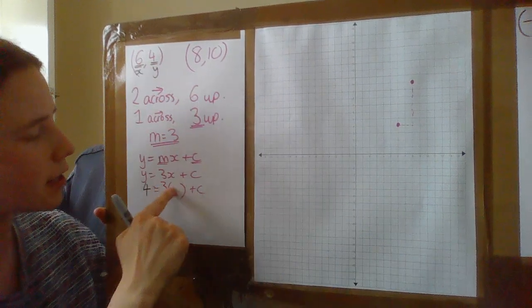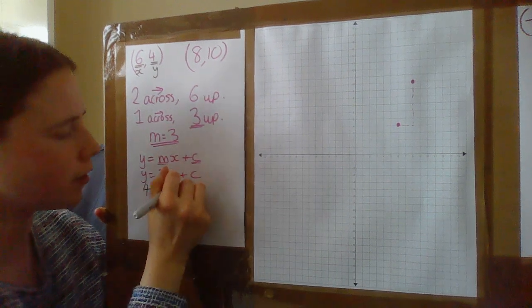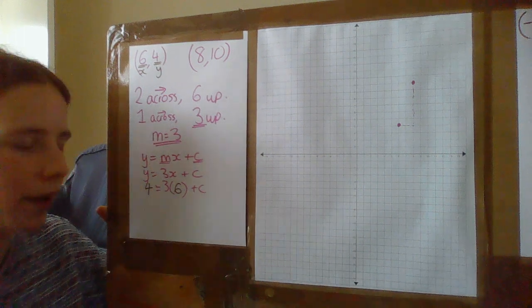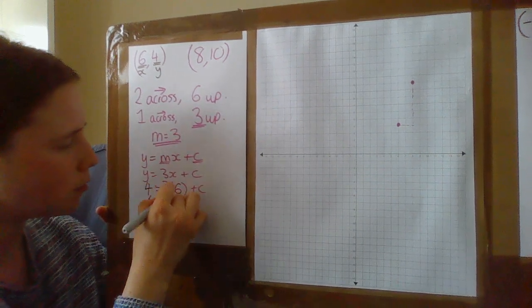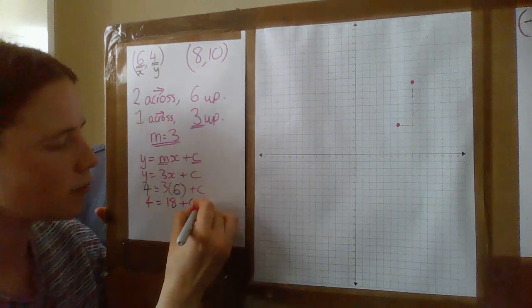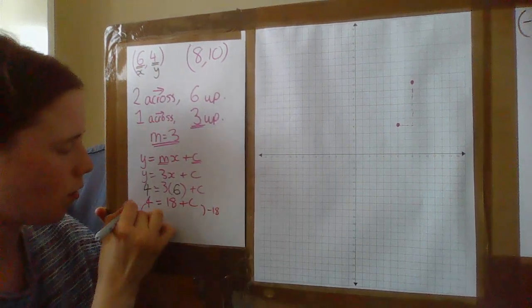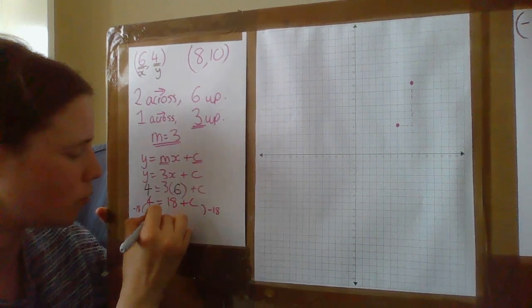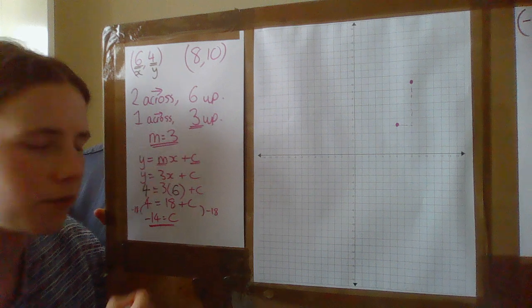And the x value is 6. I'm going to have that multiplied by the 3 because that's where the x was. I'm now going to work out what I have. So I'm going to have 4 equals 18 plus c. And I'm going to solve for c. So I'm going to subtract 18 on both sides. 4 take away 18 gets me down to negative 14. So that's my c value.